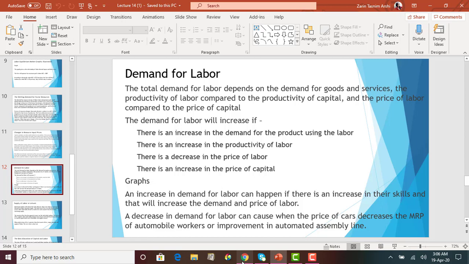Also, if there is a decrease in the price of the farmer, if they have started taking lower wages, then their demand will go up. And finally, if there is an increase in the price of capital, if robots and machines are more expensive to use, then definitely the farms will rely on the labor to do most of the work, and that's why the demand for labor will go up.